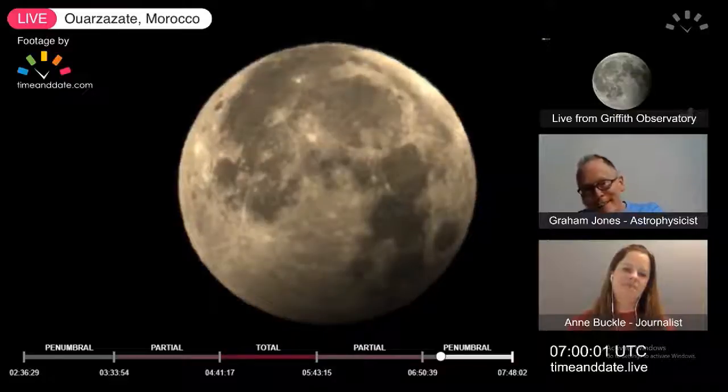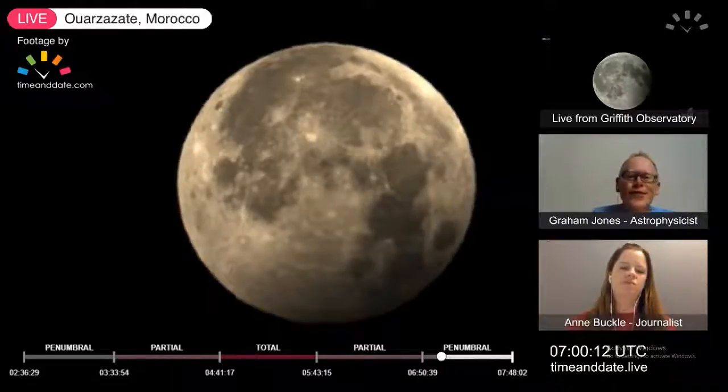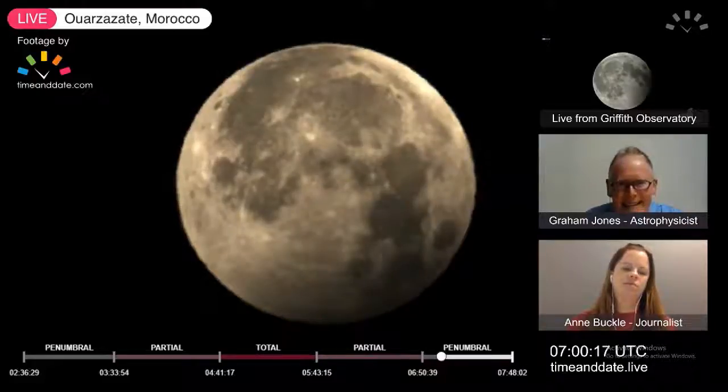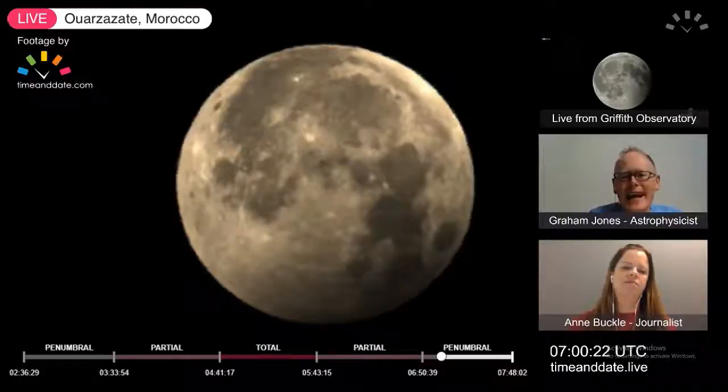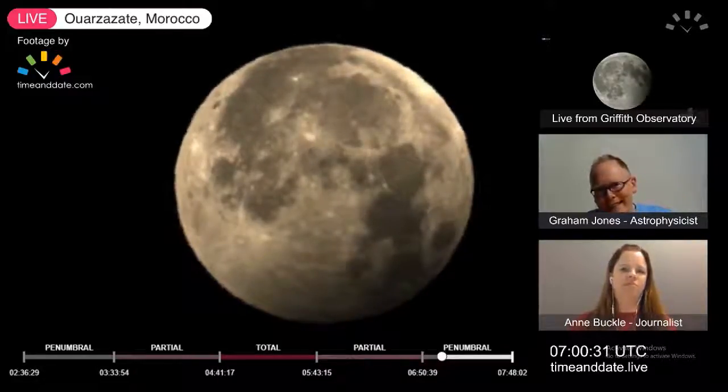As we look at the picture now, we can also see around the edge of the moon that little sort of shimmering. Again, this is all to do with the Earth's atmosphere. The light is having to come to us through a much bigger layer of air as it comes in from very low down near the horizon, and that's giving us that little shimmery effect around the edge of the moon.